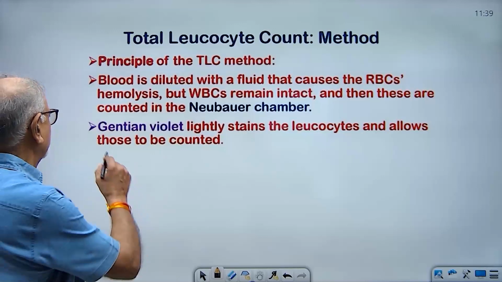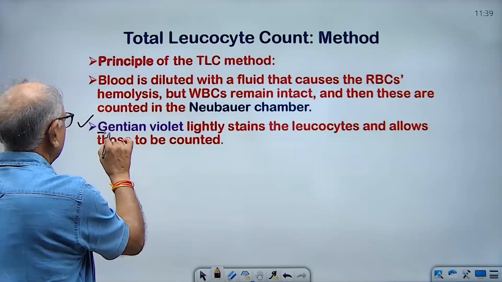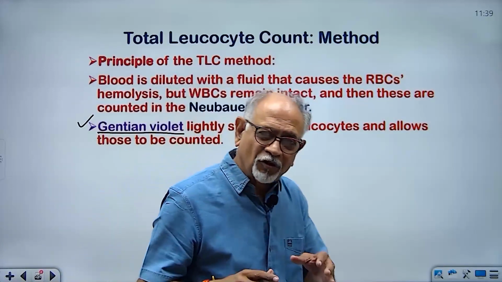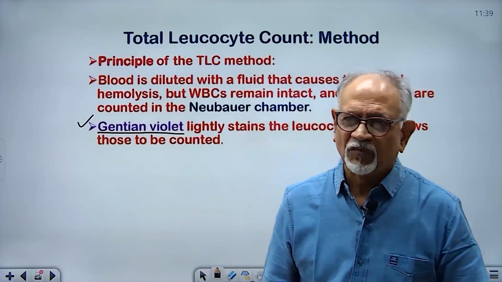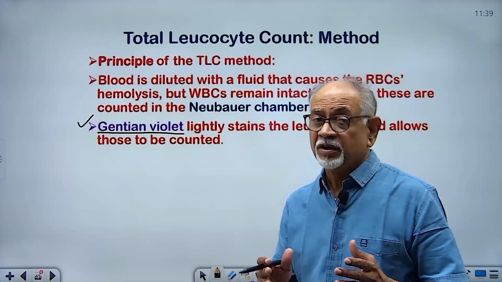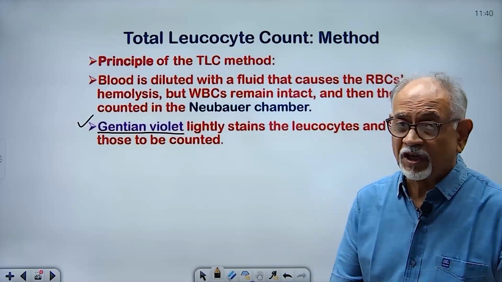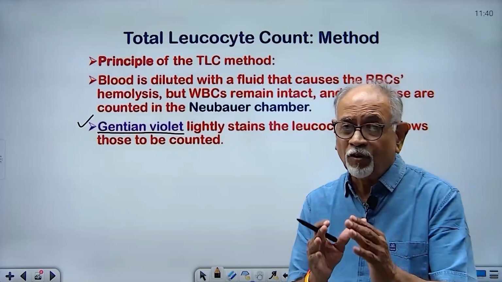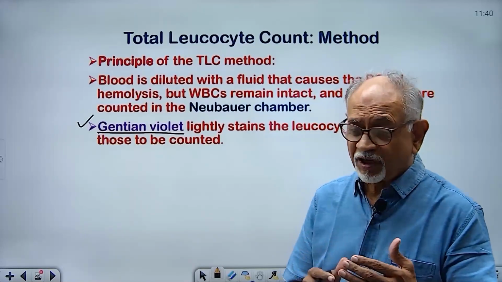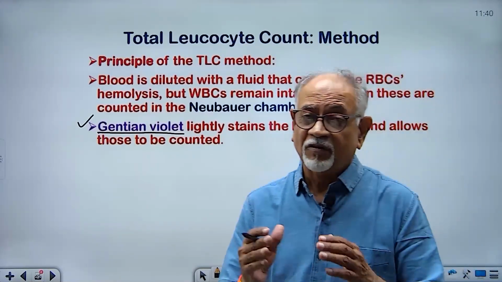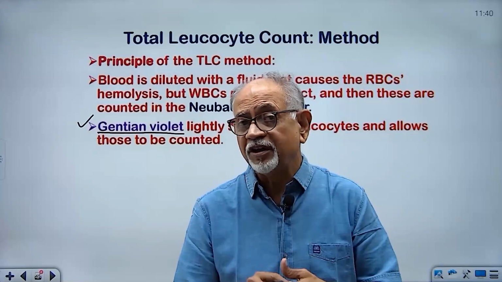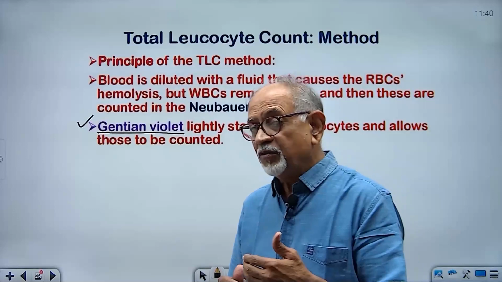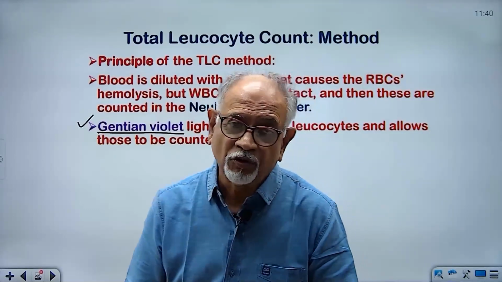Gentian violet is important because white blood cells are called so as they are almost colorless, and red blood cells are called so because they are red colored when we observe them under the microscope. So, for counting WBC, a fluid which has some color has to be used.